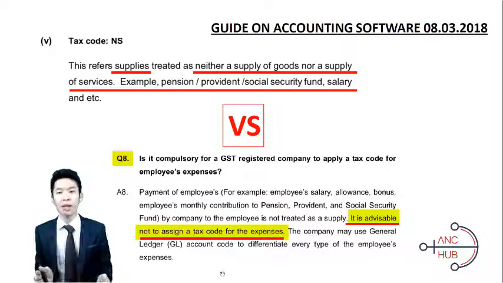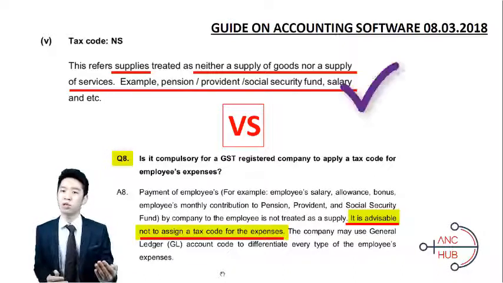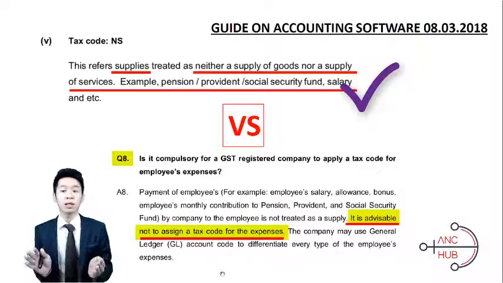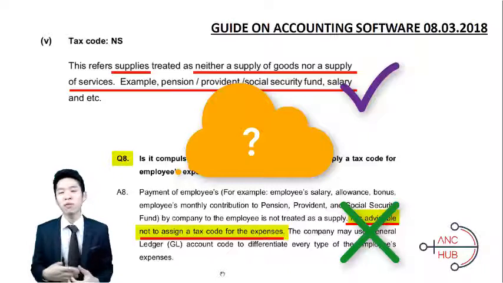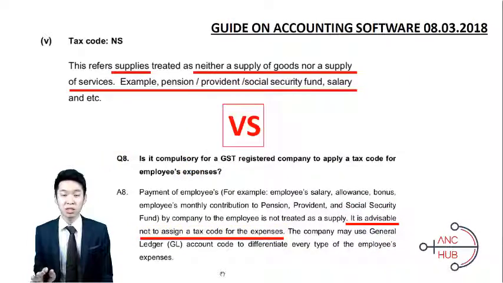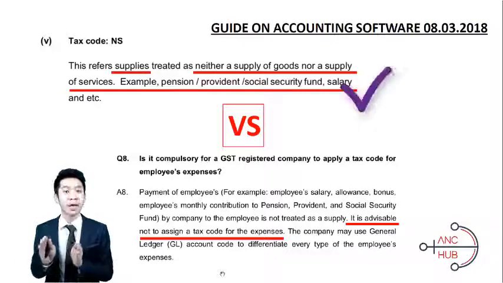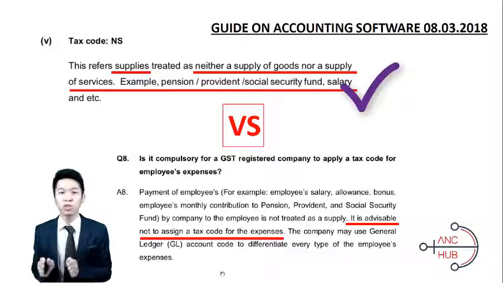Within the same guide, on the top, they say yes, you must put the new tax code. At the bottom, they say no, sorry, you don't have to. Yes, no, don't know. This is a very big question to ask. We have already clarified with Customs. They say this is just a mistake made, and they are going to remove this example sooner or later. So refer back to NS. NS is now for staff costs. You need to put it in.